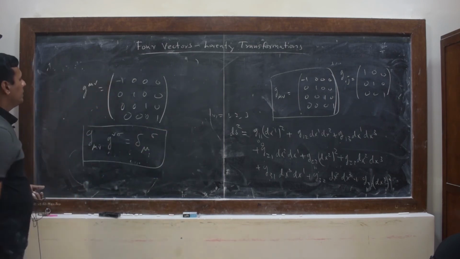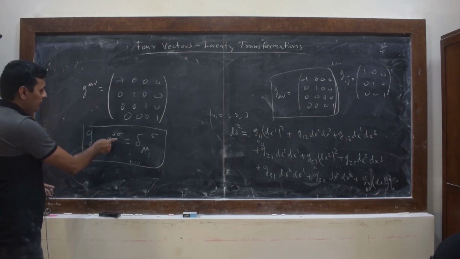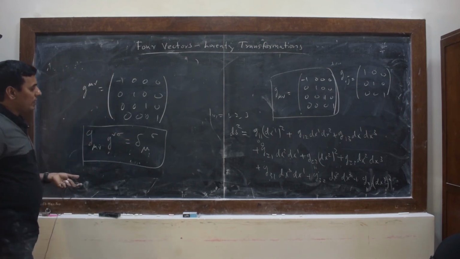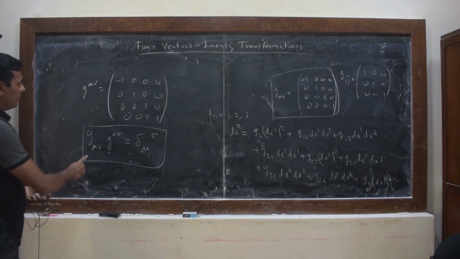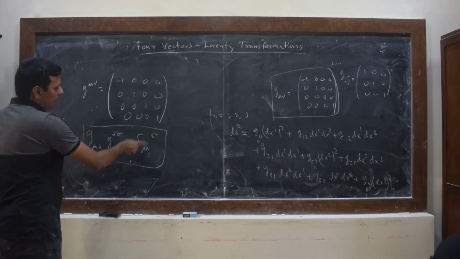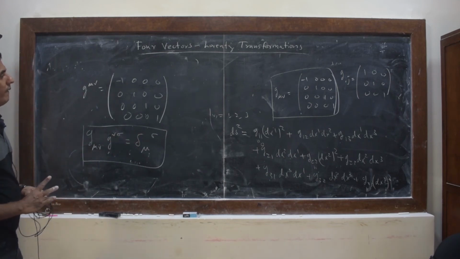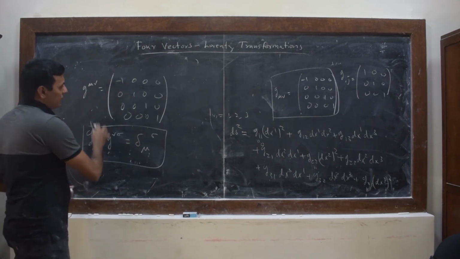That you can verify, and if you use this G mu nu, G nu sigma, that is going to be equal to delta mu sigma. This is constructed in this way, okay. So, if you do this, you will get a Kronecker delta, okay. All right.